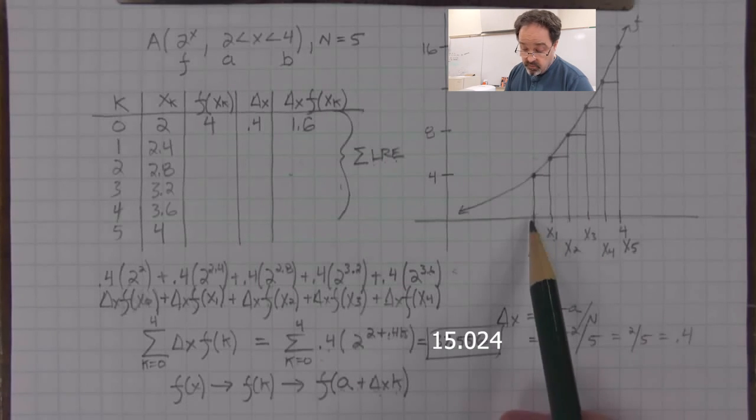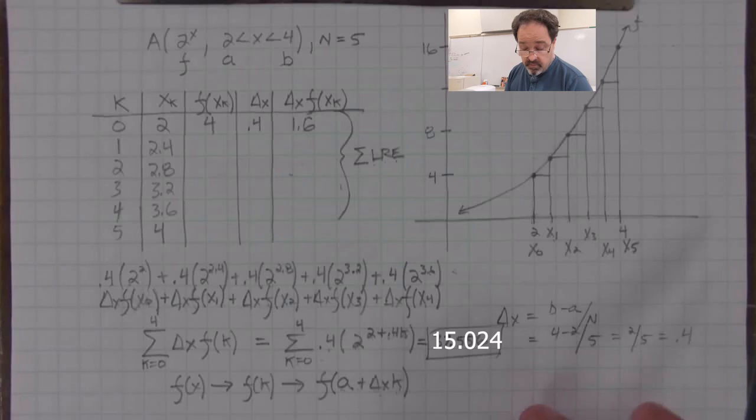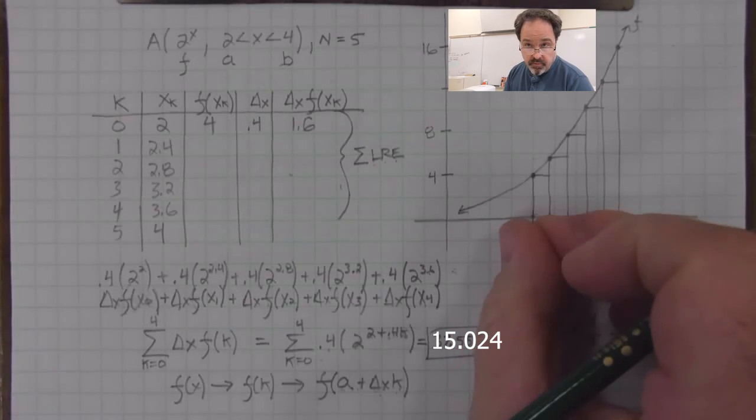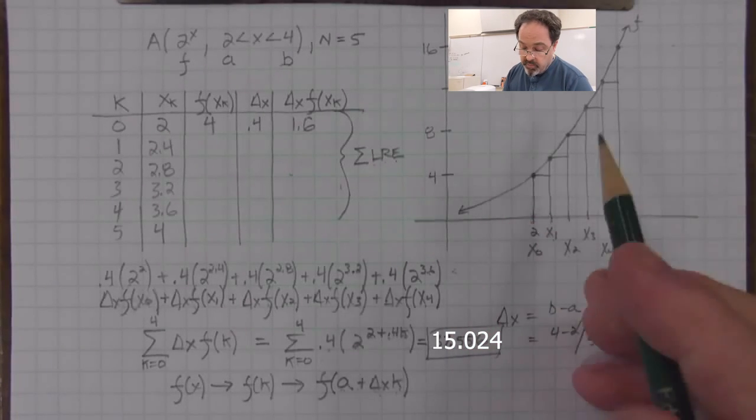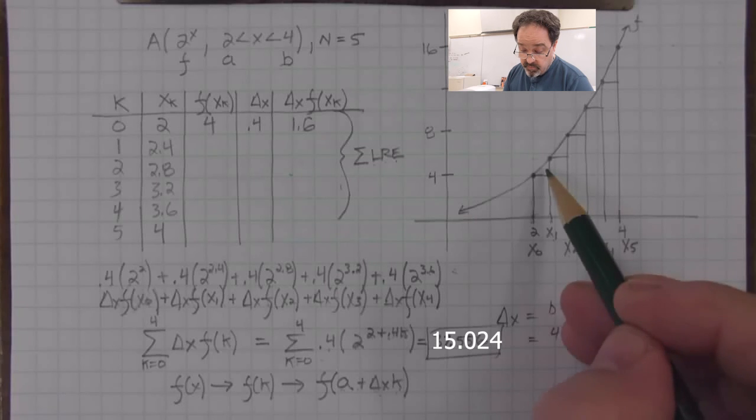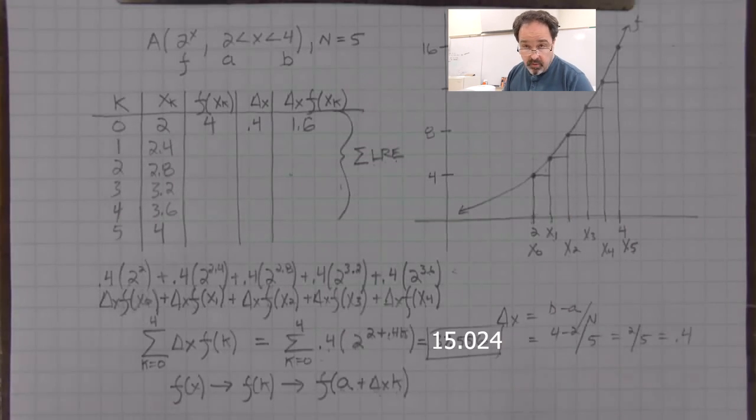If we used 20 rectangles, then the bases would be much thinner, but it would be more accurate because these spaces between the curve and the top of the rectangle would diminish. The error would diminish and our approximation would get closer to the exact area.